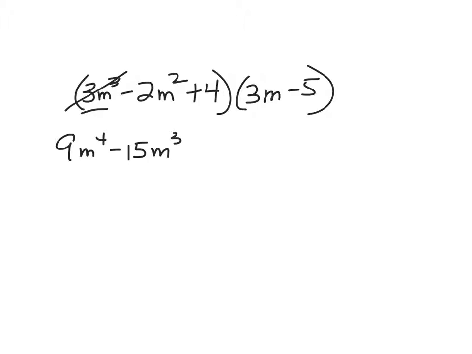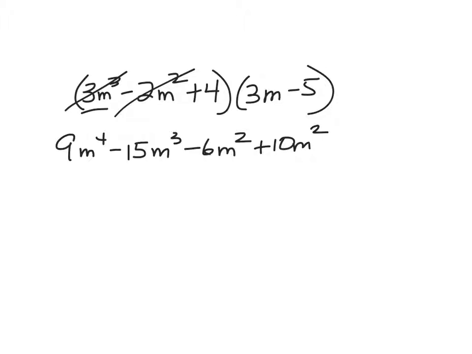Now I'm going to take the negative 2m squared through. Negative 2m squared times 3m is negative 6m squared. Negative 2m squared times negative 5 is 10m squared. Done with the negative 2m squared.